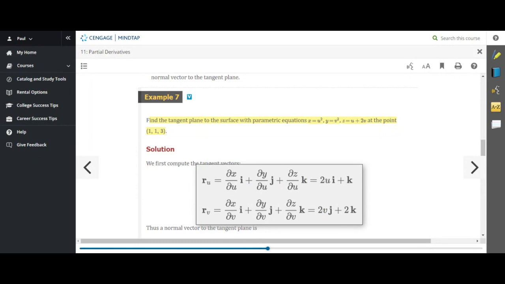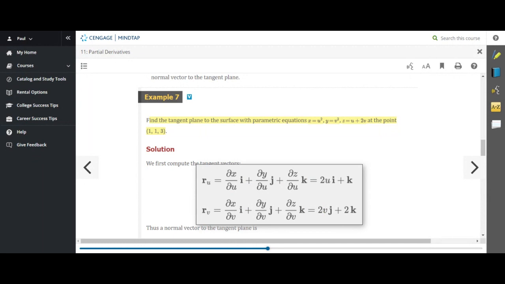So the derivative vector of r with respect to u, they're holding v constant. So you get the derivative vector 2u i plus 1 k. And then the derivative vector r with respect to v, you're holding the u constant.